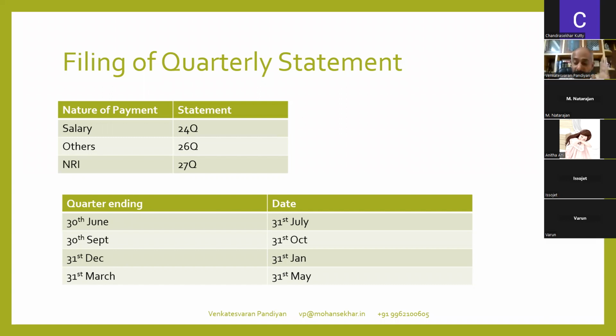You would not have paid that money on 31st of March. You are just making a provision for that and crediting that party on 31st of March. But still, you will have to deduct TDS, and that TDS portion has to be remitted. Because you do it on provisions and you need time to finalize your books of accounts, time is given till 31st of May to file the statement of the last quarter alone.